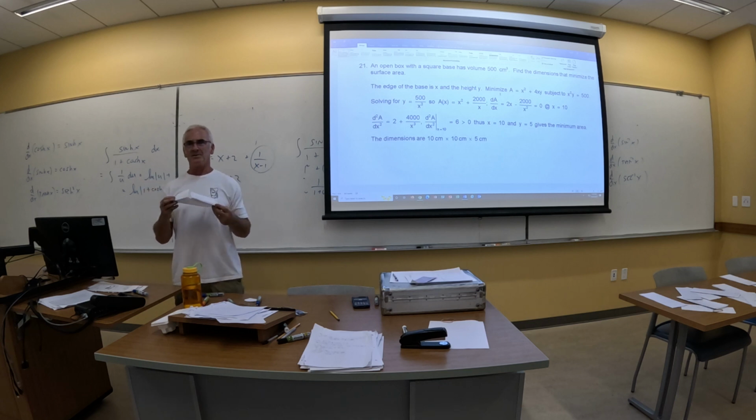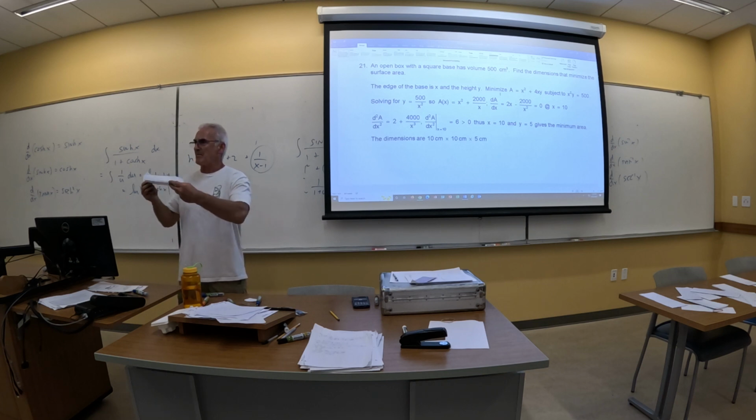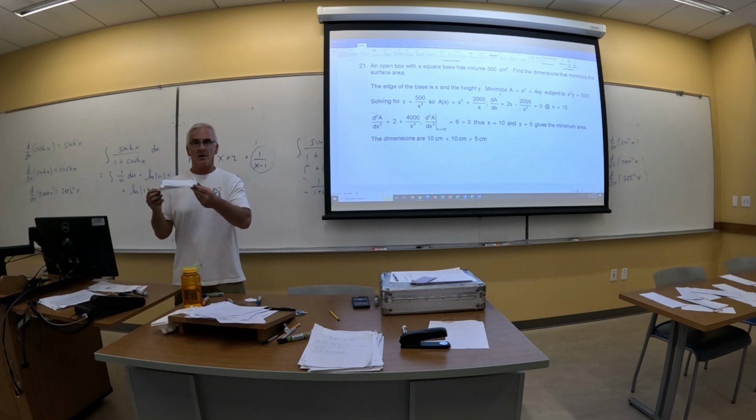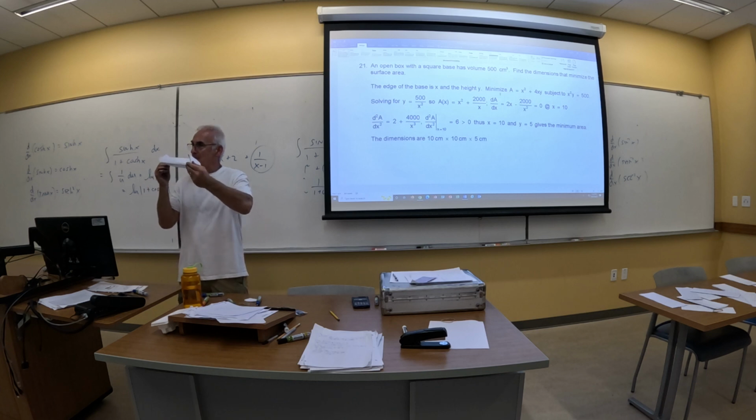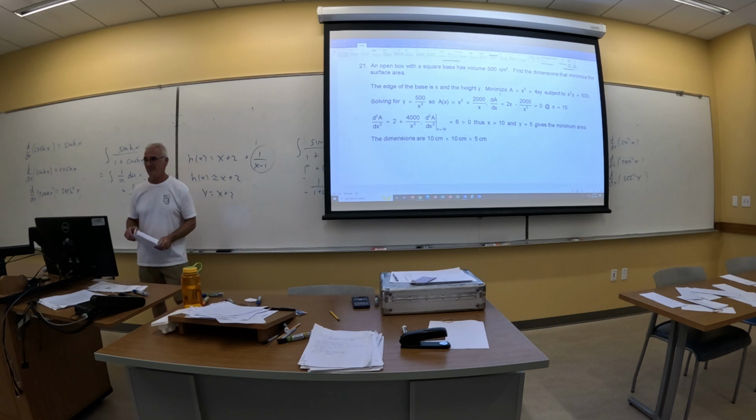Now, how many different size squares could I cut out? Infinitely many, correct. Would they all produce the same volume? No, everyone would be different. I need to know how much of a square to cut out so that when I make this, I have the largest volume possible. Do you understand that? In this case, I asked about surface area.